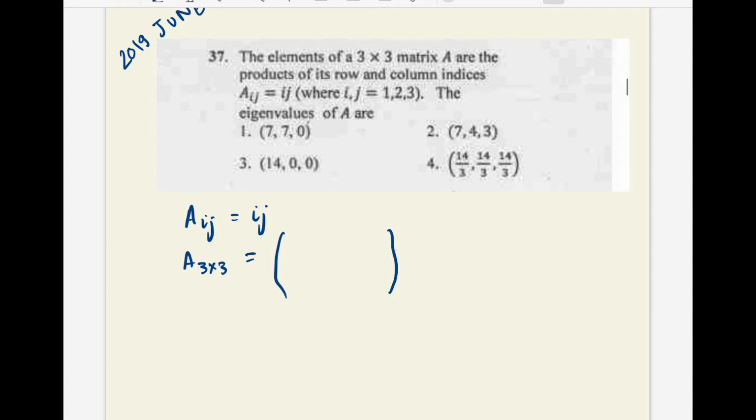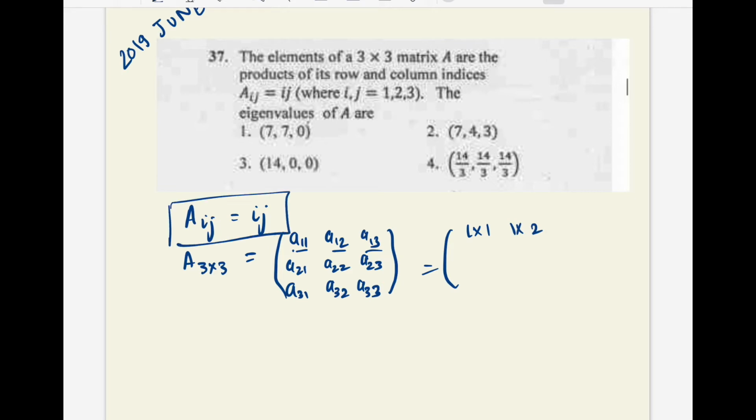Each has the formula ij. All the components are given as A11, A12, A13, A21, A22, A23, A31, A32, A33. So we have to put in place of i and j: 1 1, 1 2 and 1 3, similarly like this. So it will be 1 into 1, 1 into 2. It is a general representation.